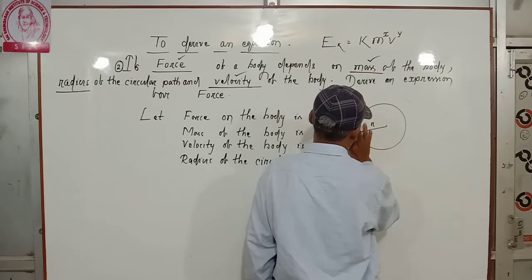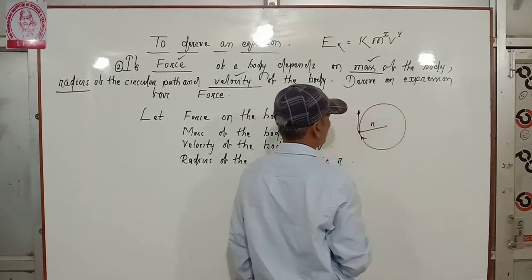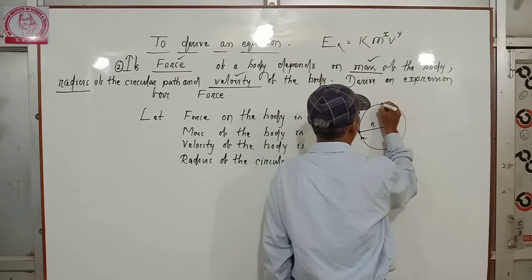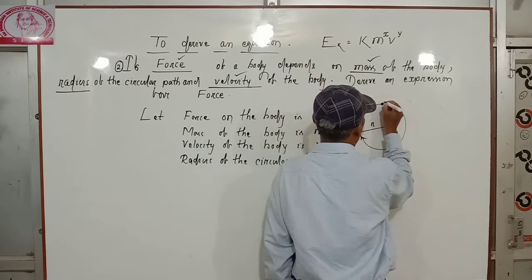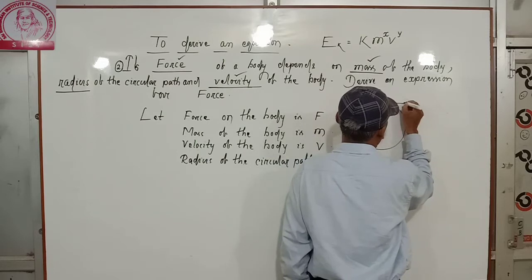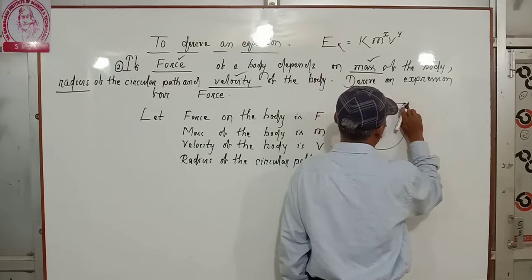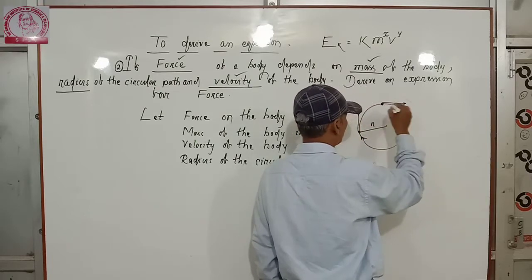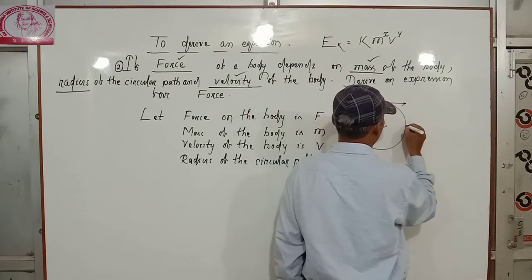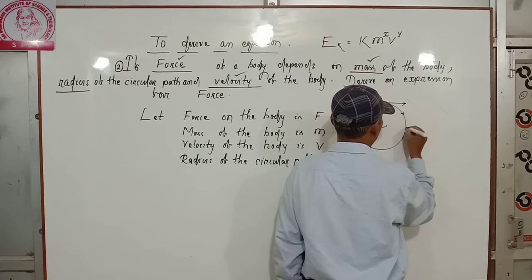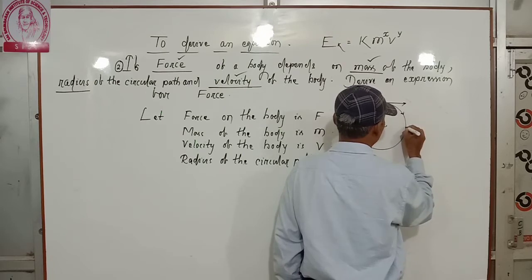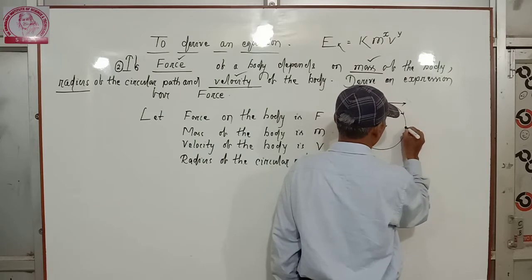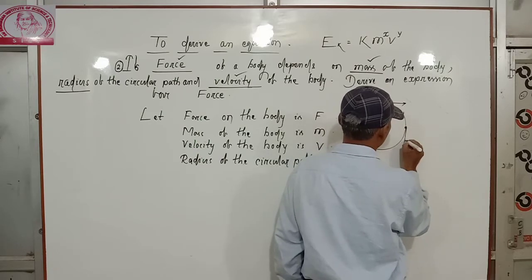Here the velocity of the body is V. When the body is here, the velocity of the body will be in this direction, right? When the body is moving in clockwise direction. When the body is here, at this point, its velocity is tangential.